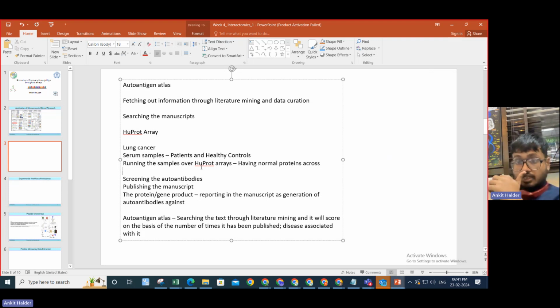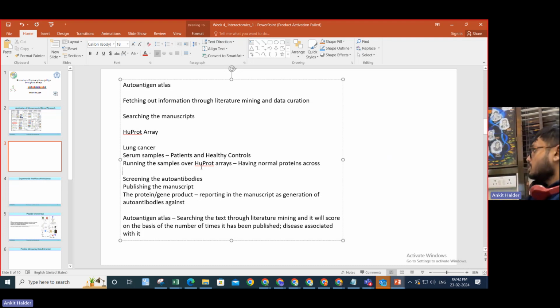With the help of these arrays, a useful resource for the community, the autoantigen atlas, has been provided and added.